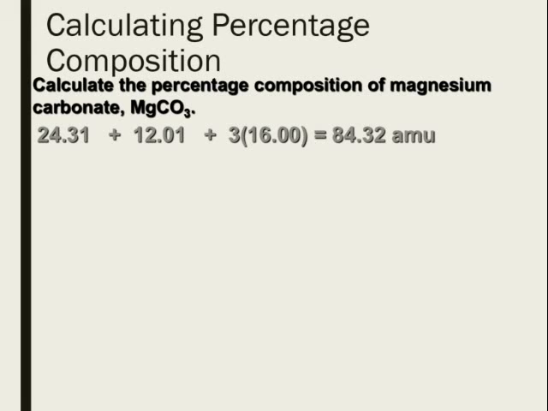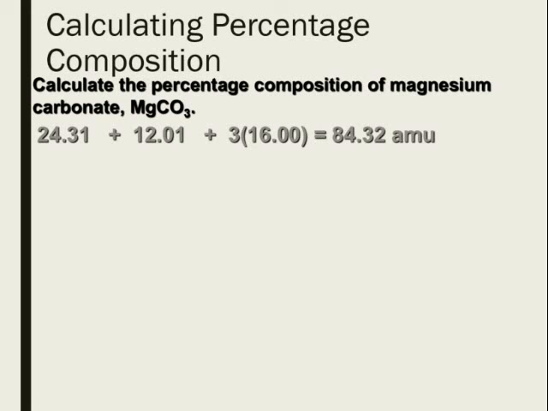First step is I'm going to calculate the mass of magnesium carbonate. So I'm going to use what I did earlier in the notes, and I'm going to take the mass of magnesium, mass of carbon, and then the mass of 3 oxygens, sum those together, and I'll have 84.32 AMU. So the total compound has a mass of 84.32.